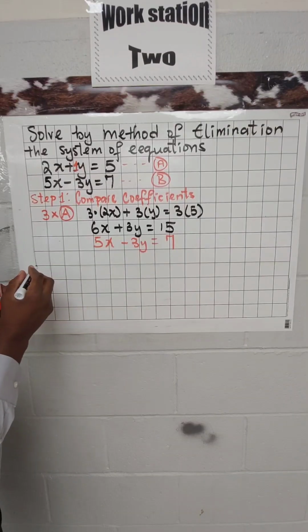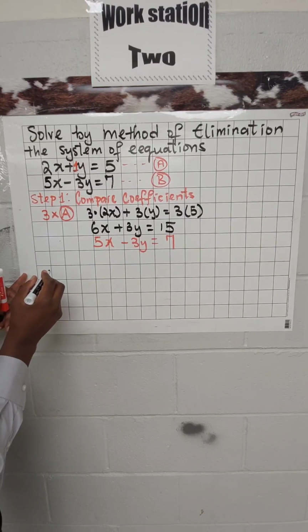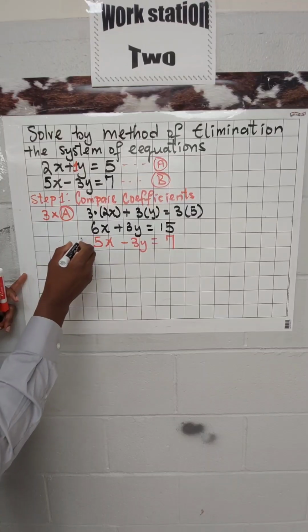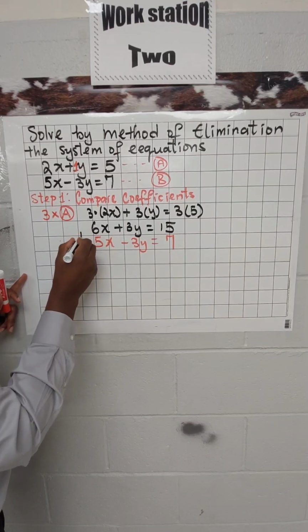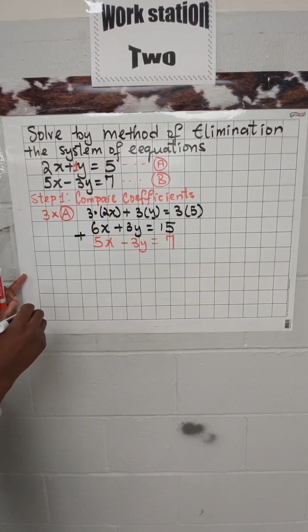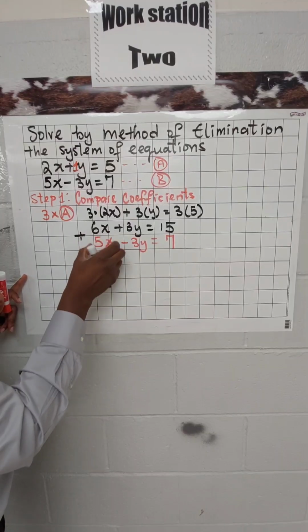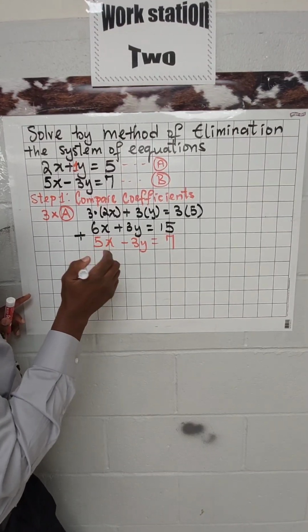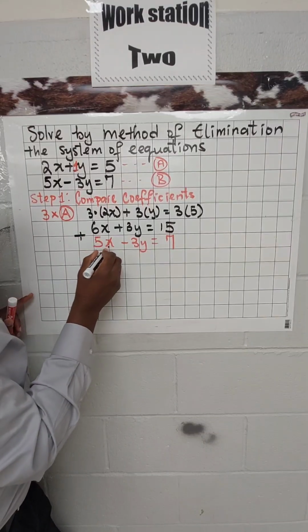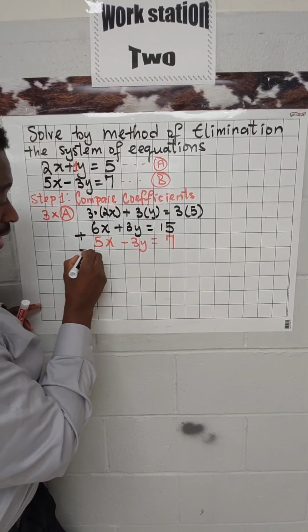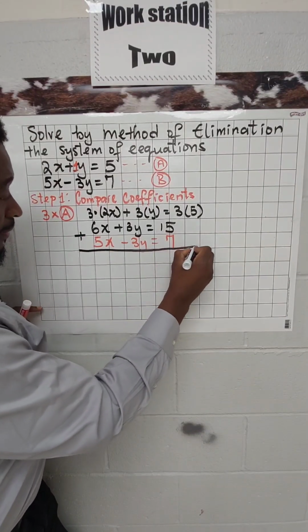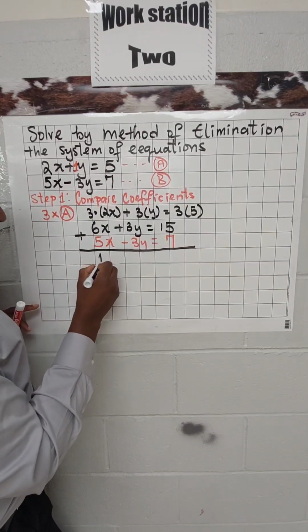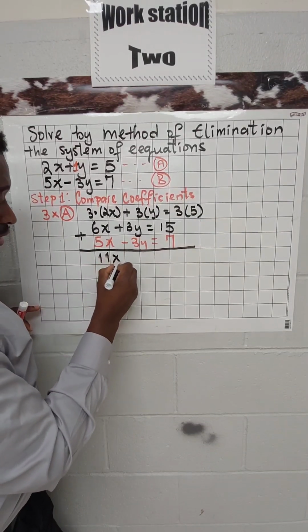Now that I have those additive inverses, this is the time to add the equations. When we add, we only add corresponding variables, variables that are like variables. So 6x plus 5x is 11x.